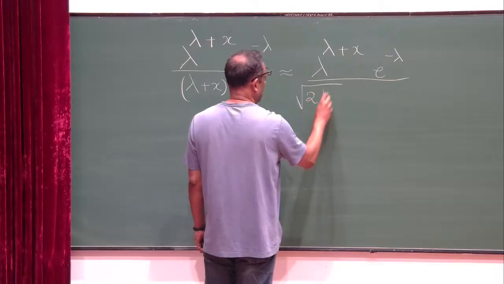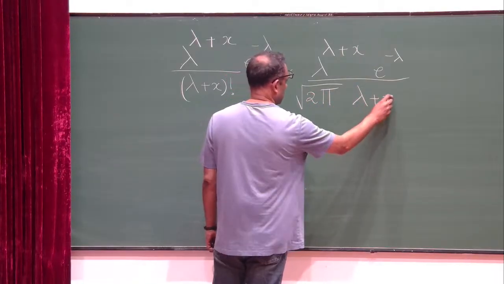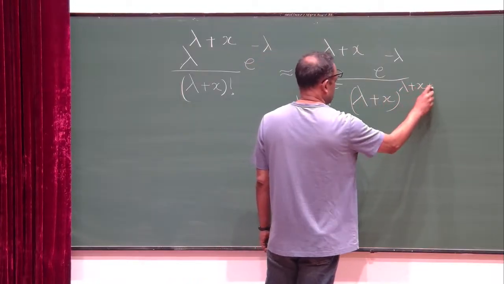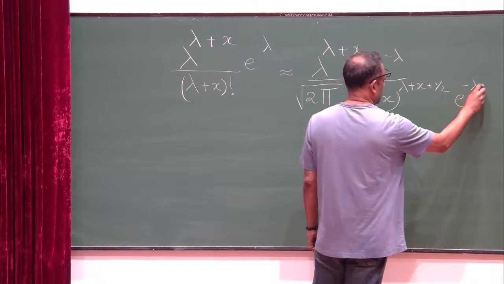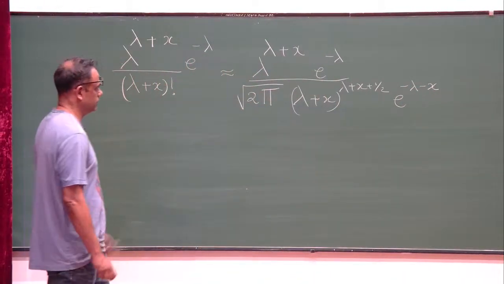root of 2 pi, lambda plus x. So, this is from Stirling's approximation.